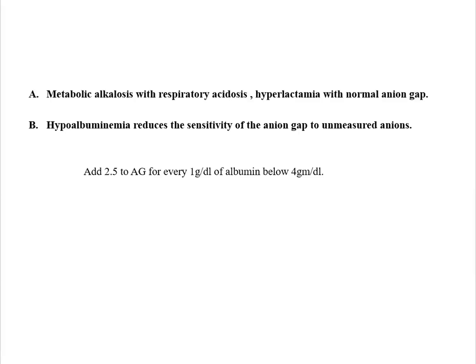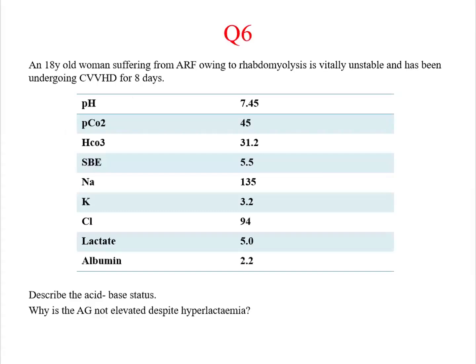Here it is 2.2, which means you need to add around 5 to your anion gap. So when you add 5 to your normal anion gap, is your anion gap increased now? Yes, it will be automatically increased. So you need to evaluate your albumin and then give your answer here. You need to actually see each and every value that they give.